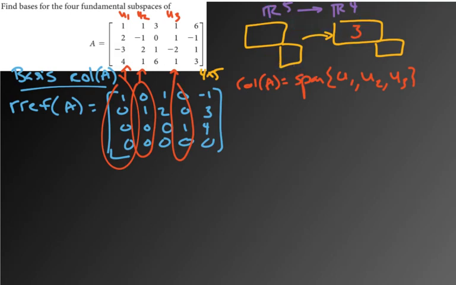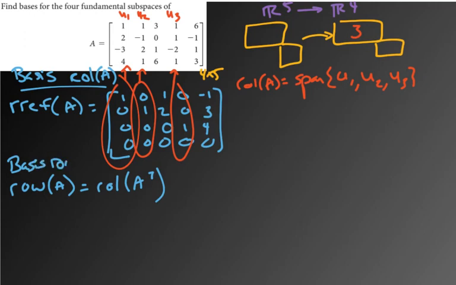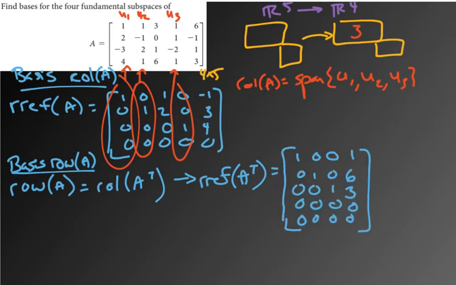For the row space of A, that is equal to the column space of A transpose, right? That's how we did this before. And so to find a basis for the row space of A, the easiest way here is to just do RREF of A transpose and analyze that thing. So this is what we get from that. All right, and same kind of thing here.